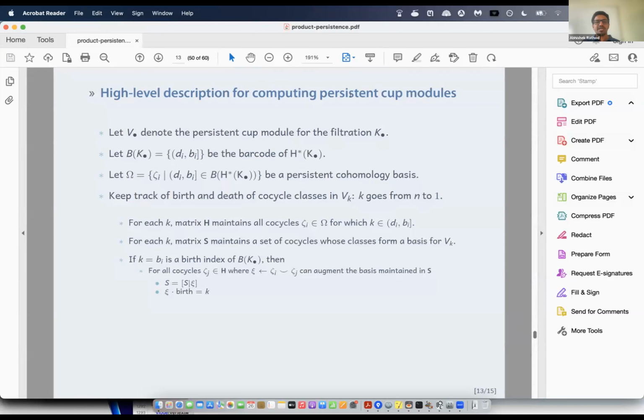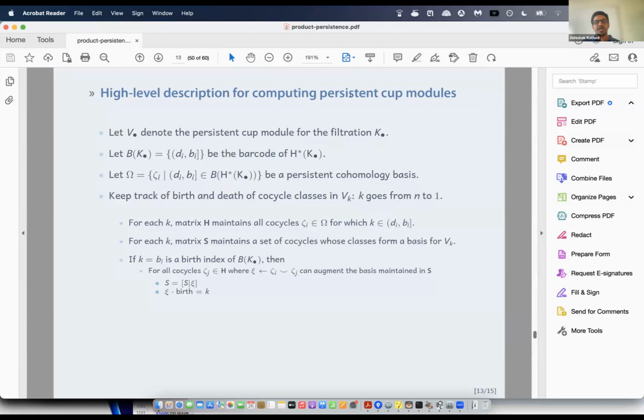We check if it is so by taking the product of all the co-cycles zeta_j in H with the co-cycle zeta_i, where zeta_i is the representative of b_i, d_i, and k is the birth index b_i.